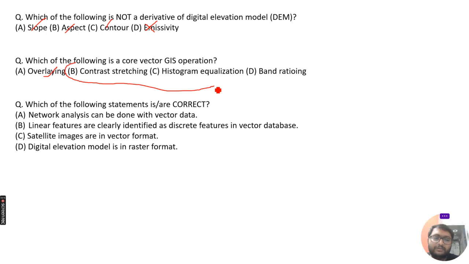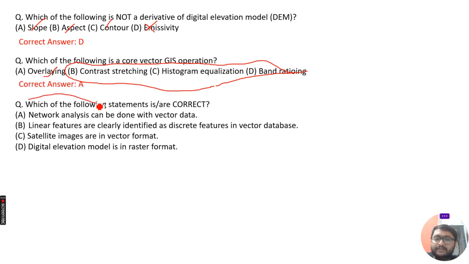So can you classify the operations of all those three? Image enhancement. Yes, so the right answer is image enhancement. These three are image enhancement. And for this question, the answer is overlay, which is a vector operation.